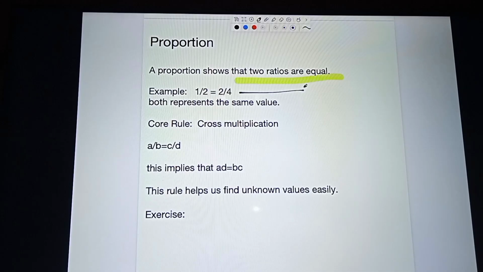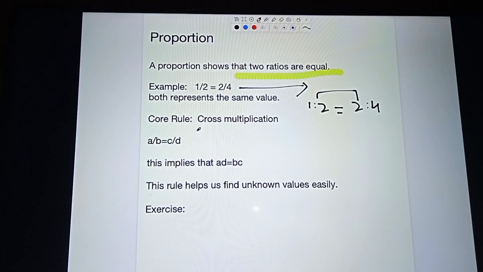This can be written as 1:2 is equal to 2:4. That is, we can say whether two ratios are equal or not.